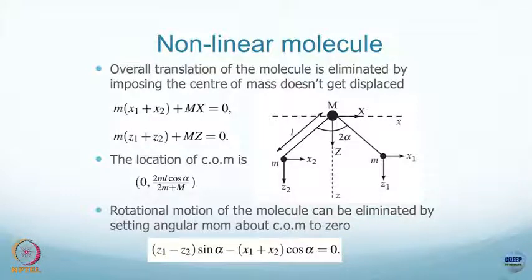Okay. So, you can determine, I have given the bond length in the undisplaced situation as L, and the angle subtended by the 2 hydrogens on the oxygen atom I am calling 2 alpha. Okay. Clear?